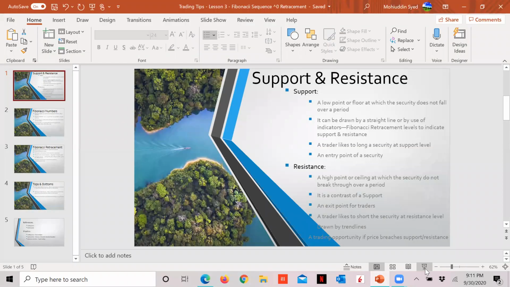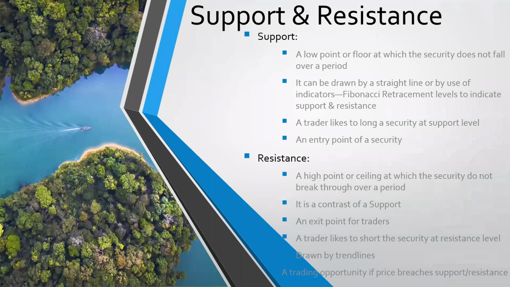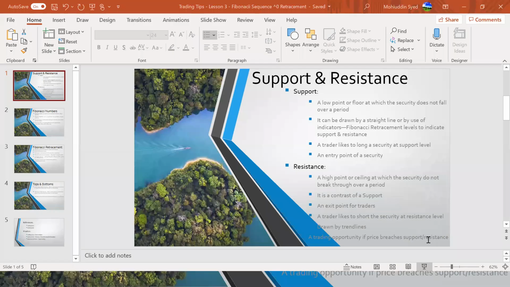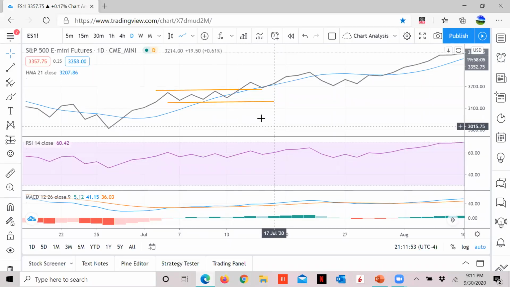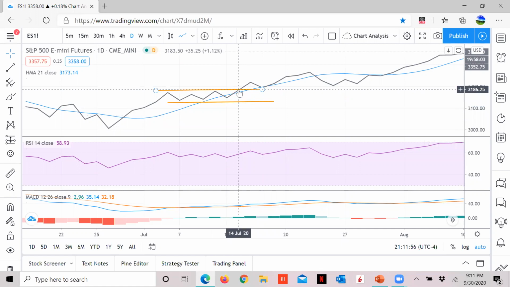One key thing to understand about support and resistance is that it's an opportunity if the price breaches support or resistance. Why is that? The S&P 500 that we're looking at breached through this resistance here.